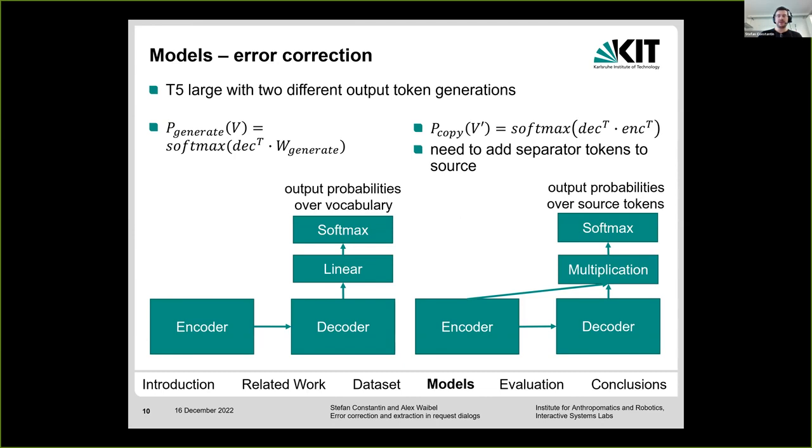The output dimension is the size of the vocabulary. In the copy approach, the decoder output is multiplied with the encoder output and the softmax is also applied. With this operation, we get the copy probability for every token from the tokens of the source sequence. The token with the highest probability will be copied to the target sequence.